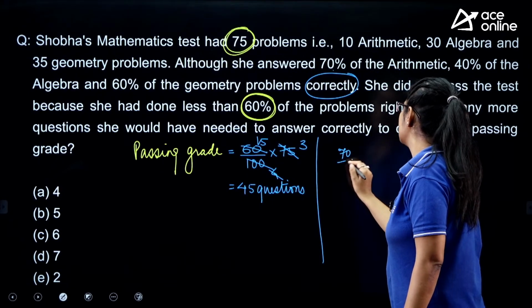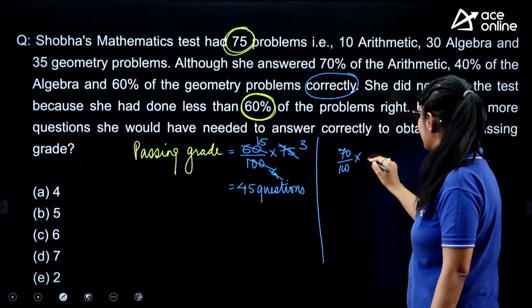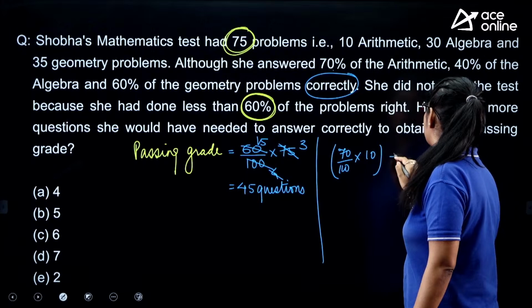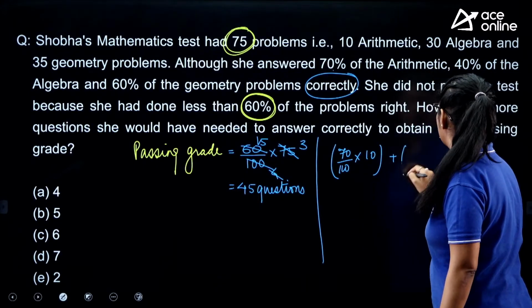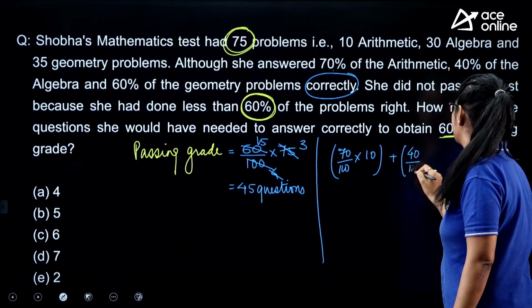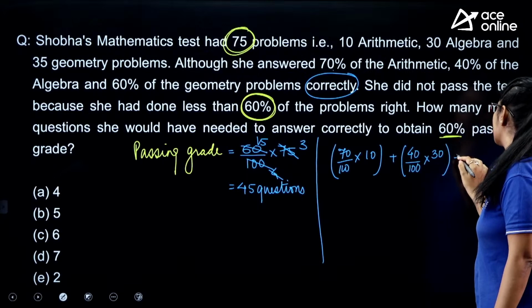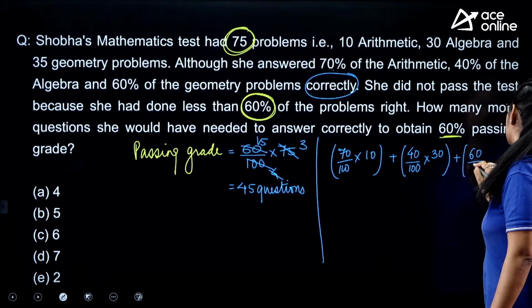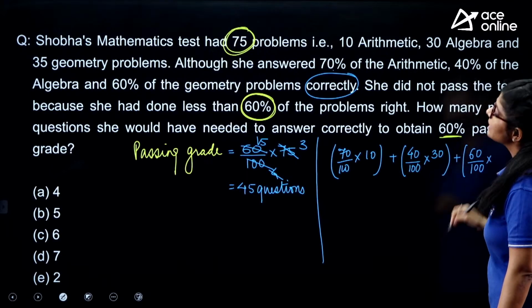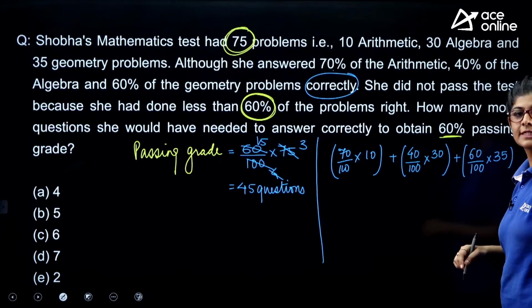But the questions she correctly answered are 70% of the arithmetic, and total arithmetic questions we have only 10, plus 40% of the algebra, total questions 30, plus 60% of geometry problems, and the total number of problems is 35.